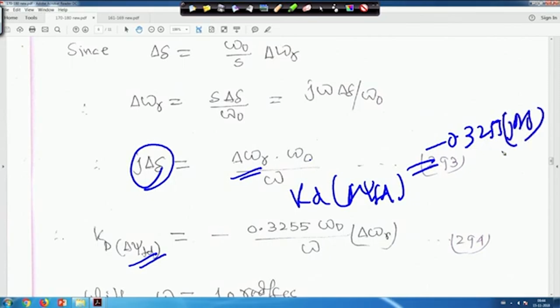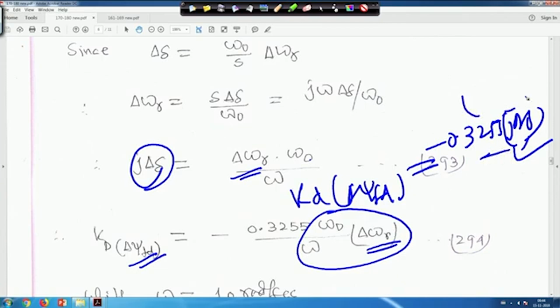Now if you replace j delta delta by omega 0 upon omega into delta omega r, you can see it is a function of delta omega r. That is why we call it in phase with delta omega. And if you put it in terms of j delta delta like this, at that time we call it 90 degrees out of phase. This is the meaning.